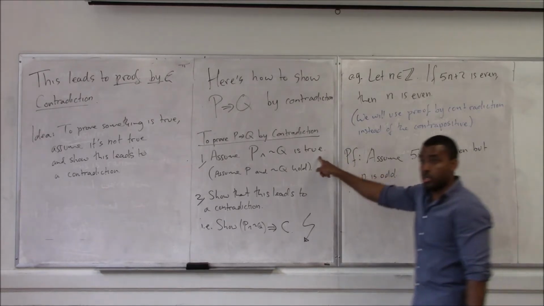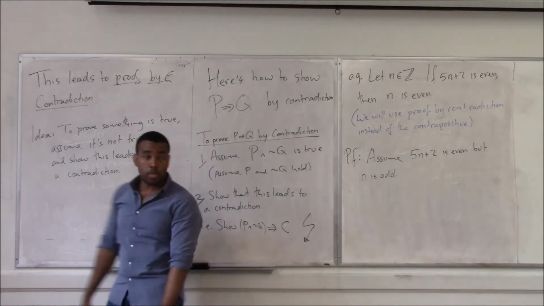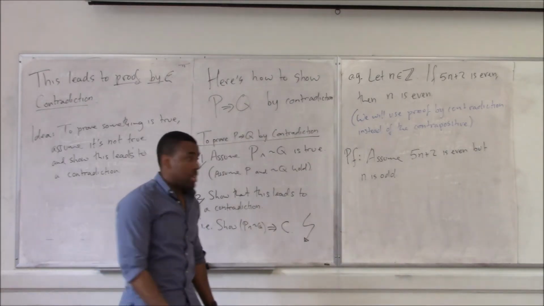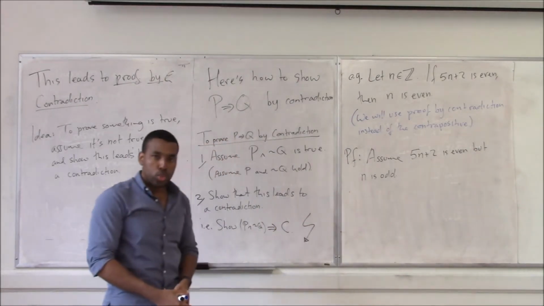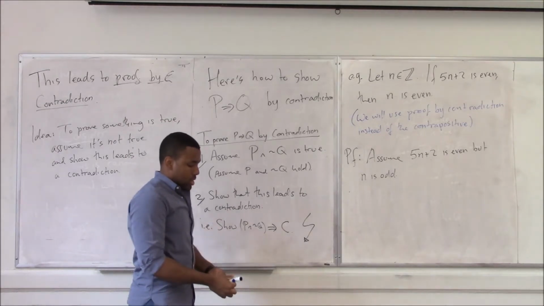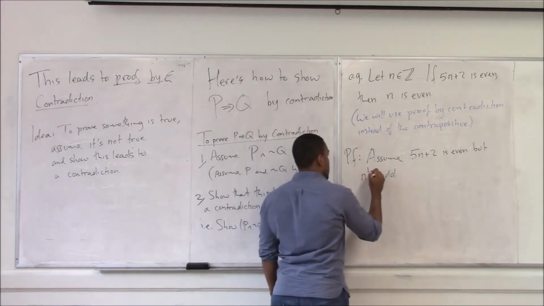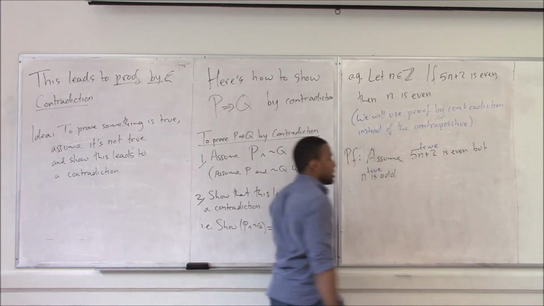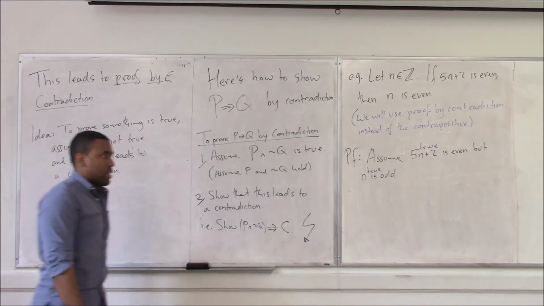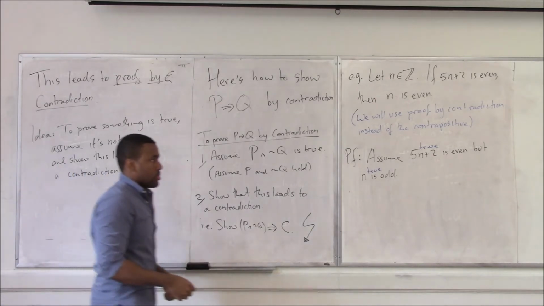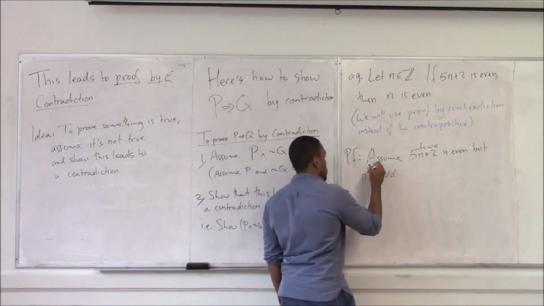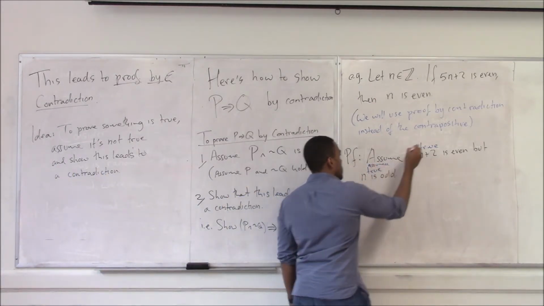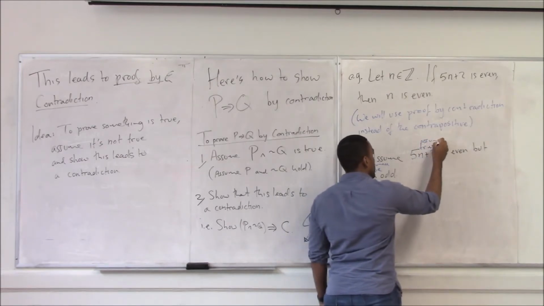I'm going to assume the first part is true, but the second part is false. I'm taking both of these claims to be true at the same time. So I'm claiming n is odd is true, and I'm claiming this is true, and they're both true at the same time, but I want to show that it's not. They're both assumed true at the same time. Okay.